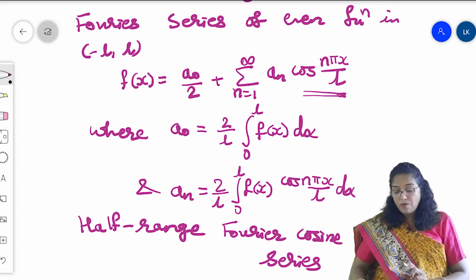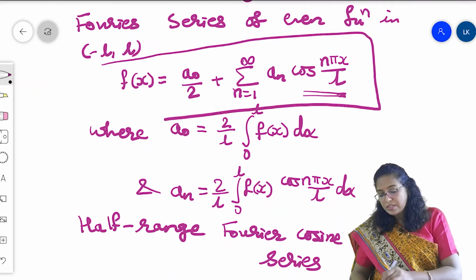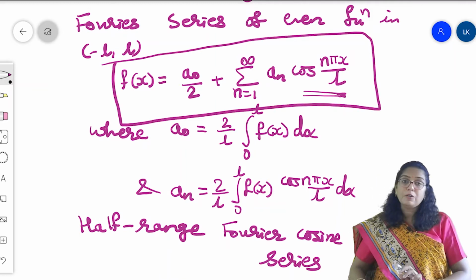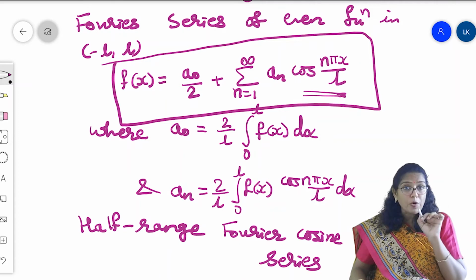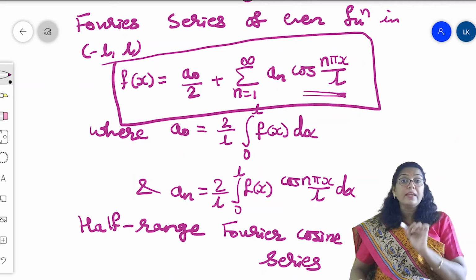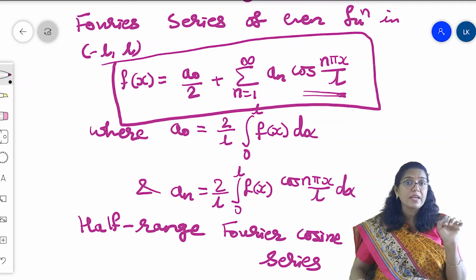Therefore, the formula of the half range Fourier series is f(x) is equal to a0 by 2 plus summation n equal to 1 to infinity an cos(n pi x upon L), where a0 is 2 upon L integral 0 to L f(x) dx and an is 2 upon L integral 0 to L f(x) cos(n pi x upon L) dx.